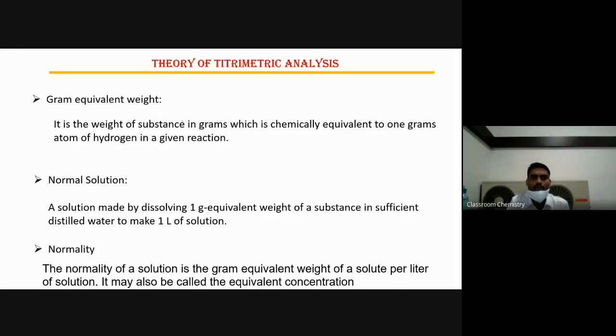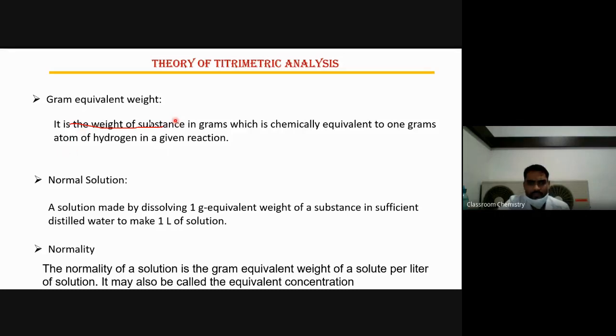Now we focus on another term, gram equivalent weight. It is a weight of substance in grams which is chemically equivalent to 1 gram atom of hydrogen.